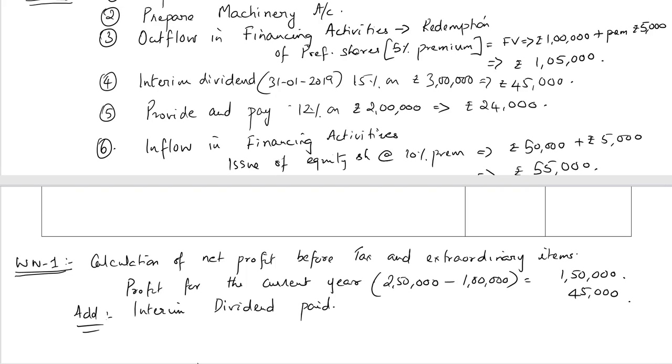There's a provision made for preference dividend. And the amount is, as per working note 5, 12% on rupees 2 lakh, or in other words 24,000 rupees.